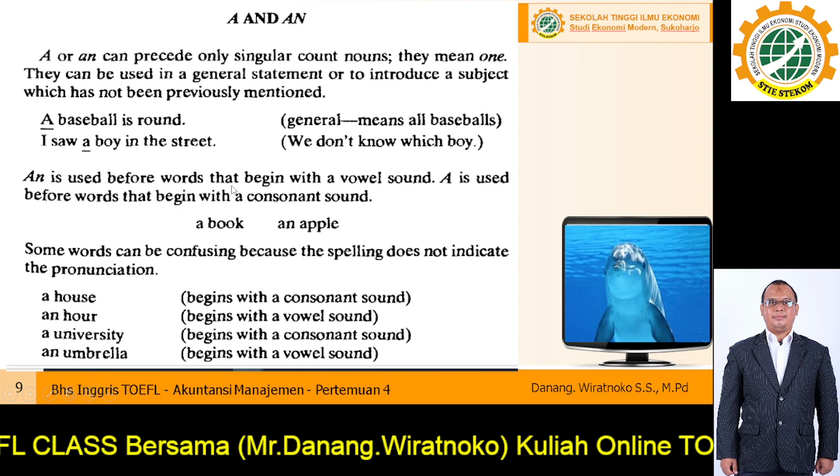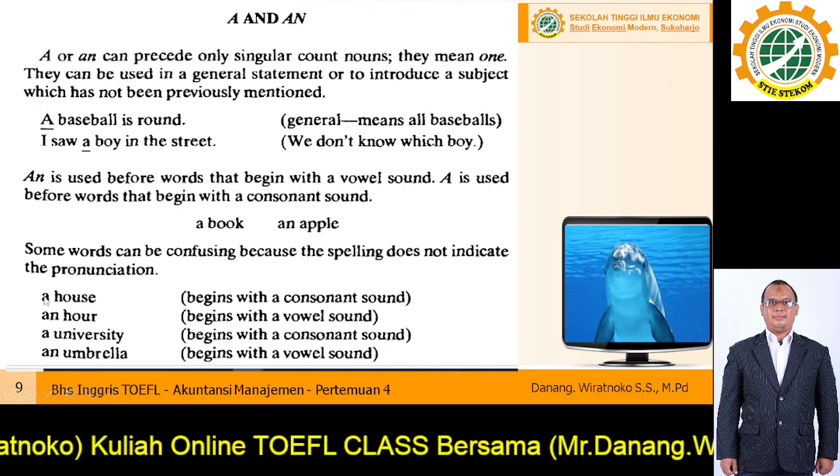An apple. Okay. Now this one is confusing because its spelling does not indicate the pronunciation. True, benar sekali. A house, benar. A house. Start with a consonant. An hour. With the H, pakai an.